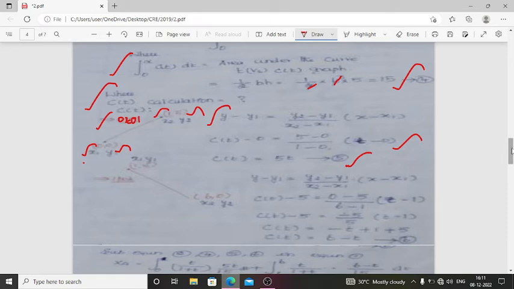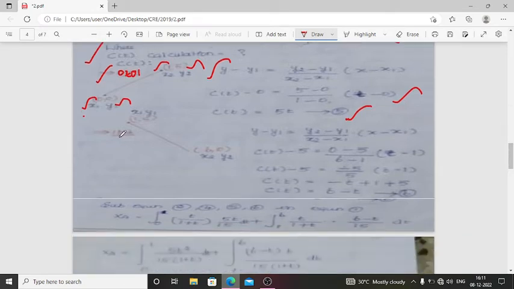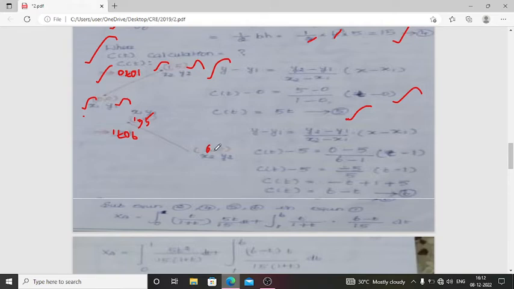The next condition is the second condition, 1 to 6. For this range, what are x1, y1, x2 and y2? For 1 to 6, one point is (6, 0) and the other point is (1, 5).